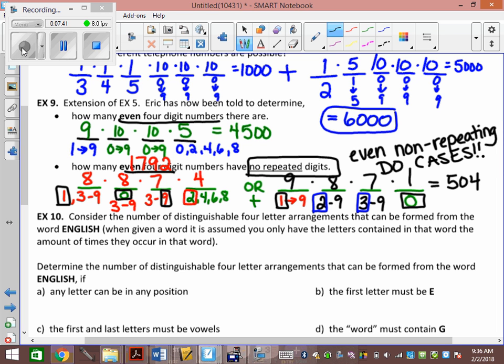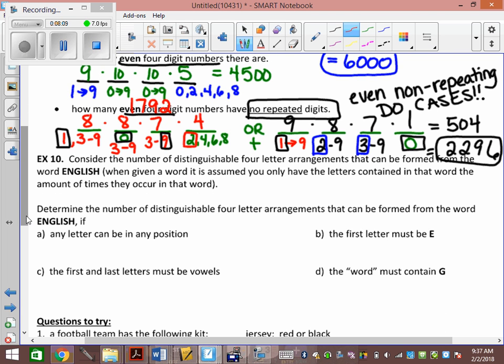Add them. And so we get 2,296. Right? Make sense? Difference to the cases? That's the hardest thing to grasp on this one, as to why there's actually 2 cases. Okay.